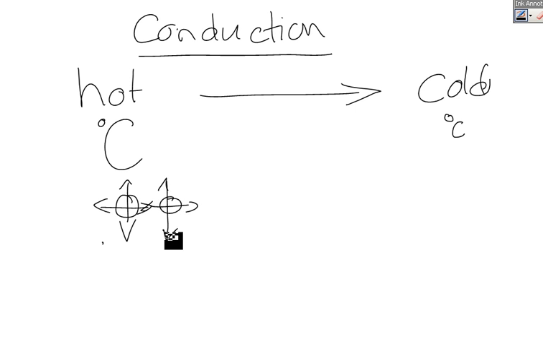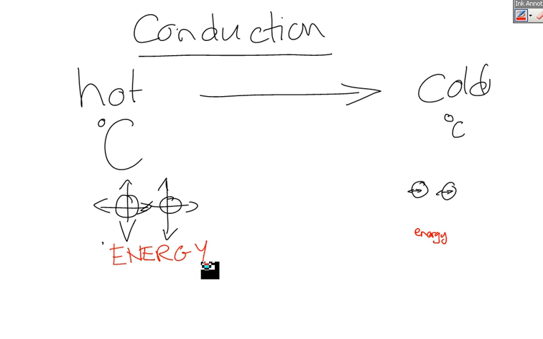And where the temperature's cold, the particles are hardly moving at all. So we're going from a place where the particles have high energy to a place where they have very little energy. It's really hard to write energy small on this little tablet.